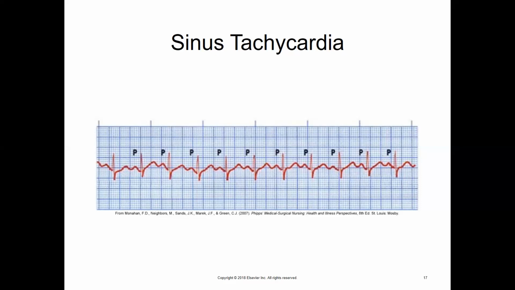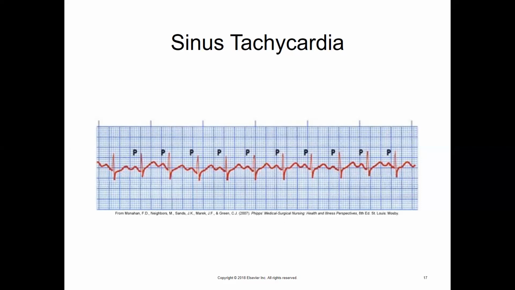Tachycardia is defined as a heartbeat that's greater than 100 beats per minute. Usually it does not go over 160. This would be a normal response to physical activity, maybe to anxiety, pain, stress, anemia, hypoxemia. Also, medications can cause sinus tachycardia, epinephrine, atropine, caffeine, different things like that.